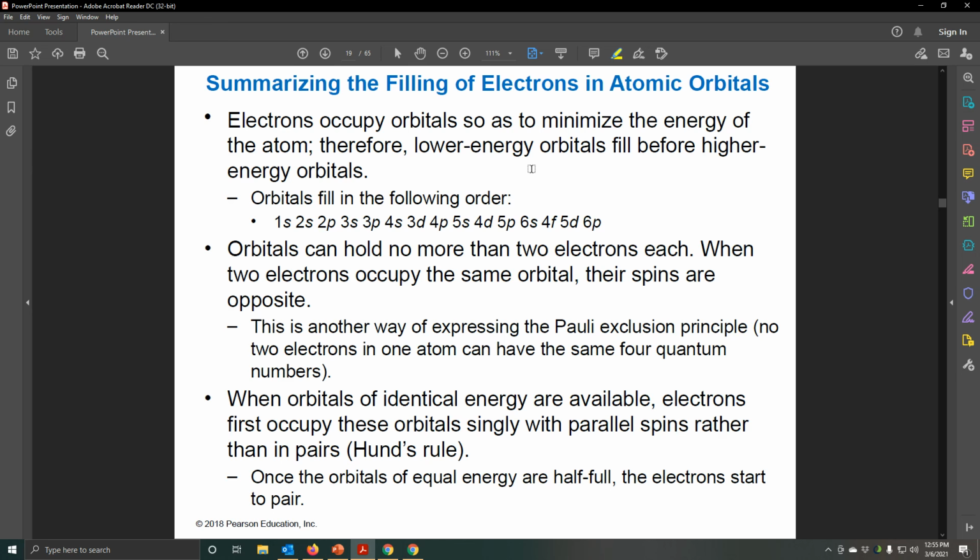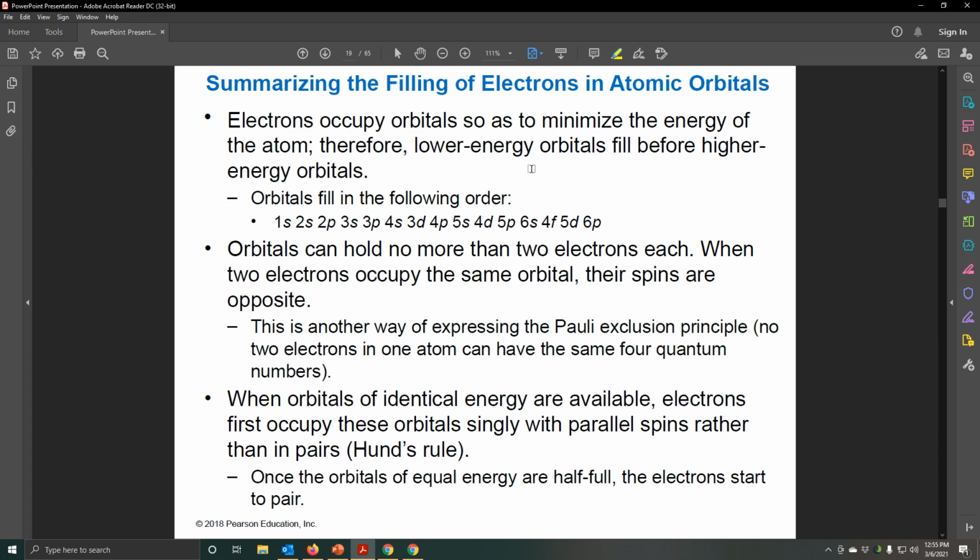That's the Pauli exclusion principle. When orbitals have identical energy available, like the 3 orbitals of your p subshell, electrons first occupy the orbitals singly, and we don't pair them until we have to. And that is Hund's rule.